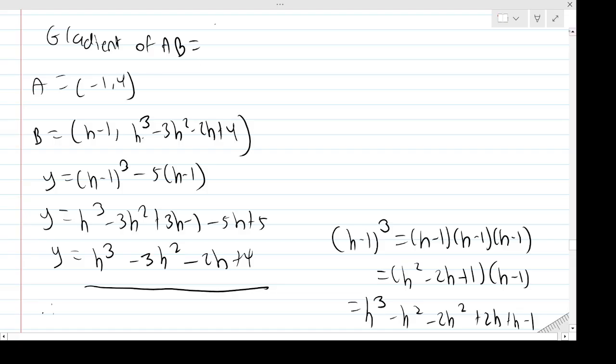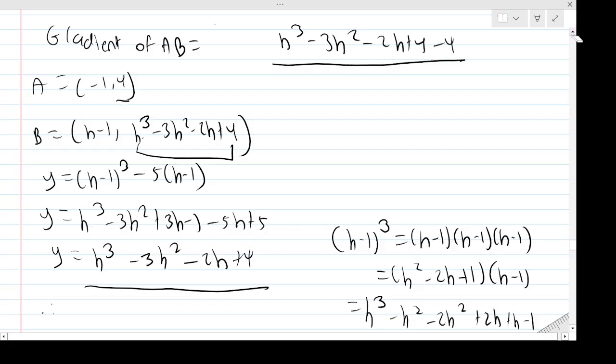Well, changing y, at B, y is h cubed minus 3h squared minus 2h plus 4. And then y at A is 4. So take away 4 over changing x. So then at x, B is h minus 1, take away minus 1. But that'd be a double negative, so that'd be plus 1.